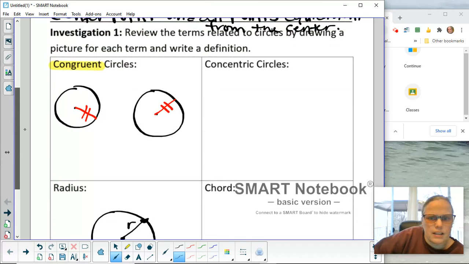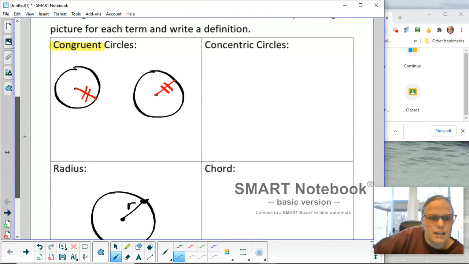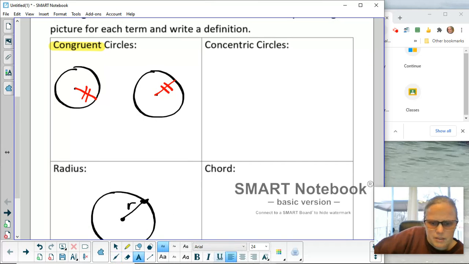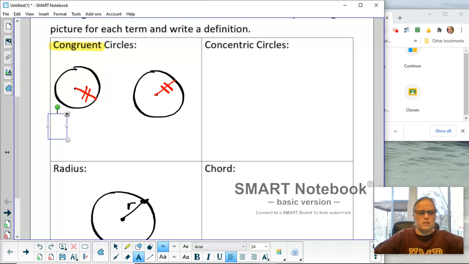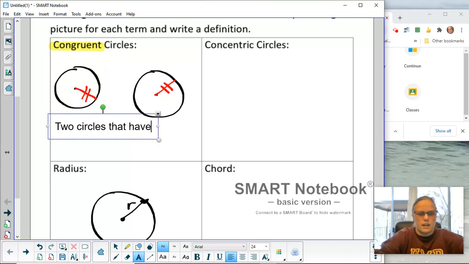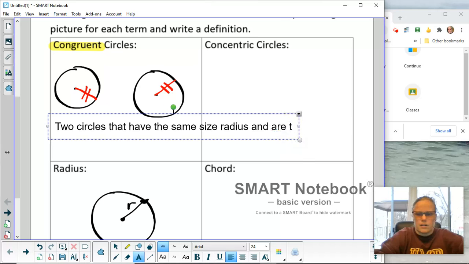Now, I guess it says write a definition. I didn't actually do that here, so let me put that in. I'm going to use my typing thing so that it fits in here a little bit better. So congruent circles are two circles that have the same size radius and are the same size circles.